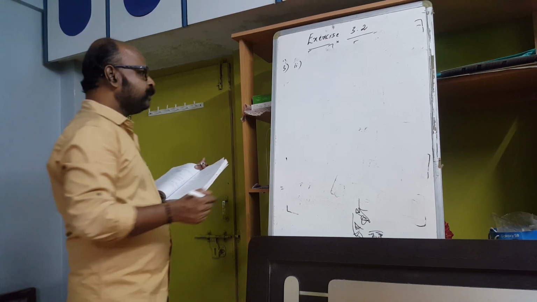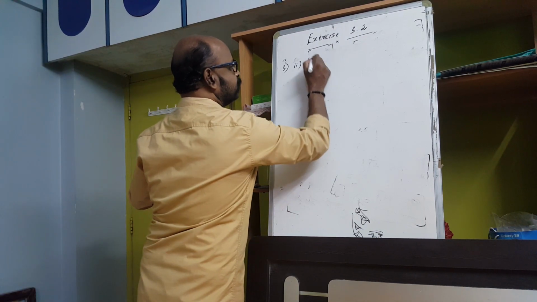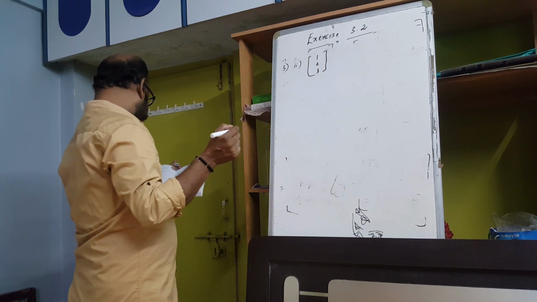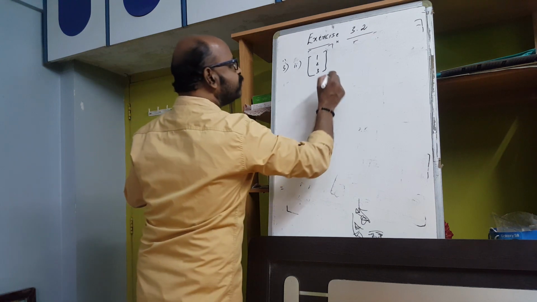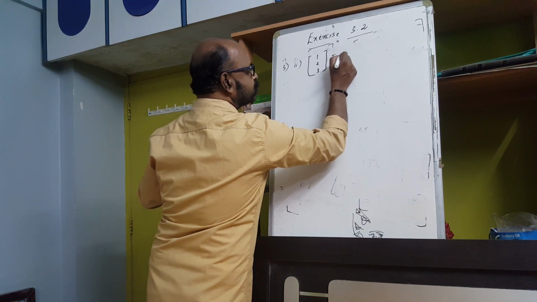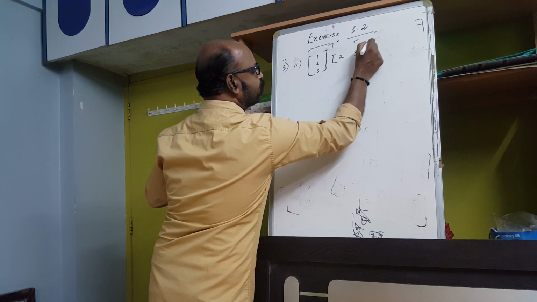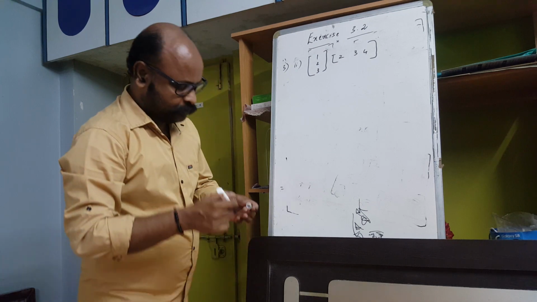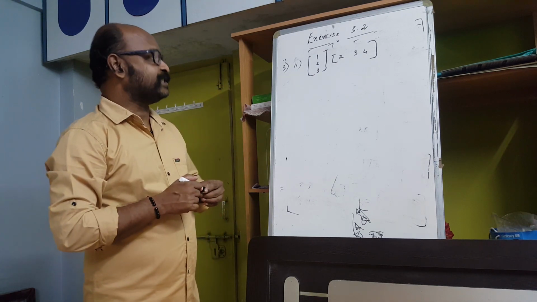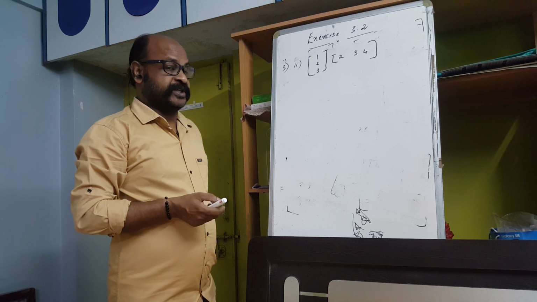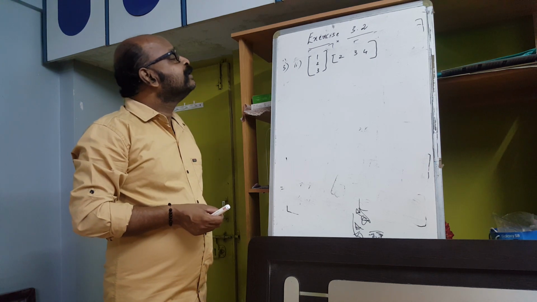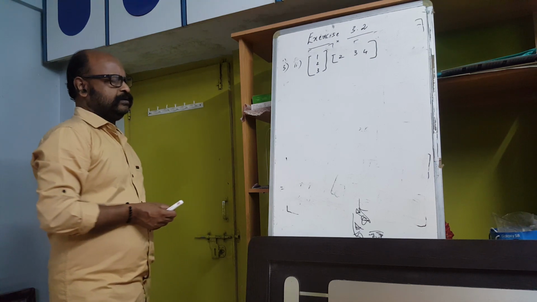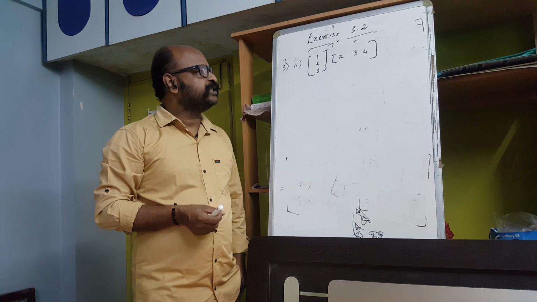The matrices are given. The first matrix, that is matrix 1, 2, 3 into matrix 2, 3, 4. Just note down the speciality of the matrices. In the classification of matrices, we have discussed special matrices, and this is a question in which we can recall one of such specialities.